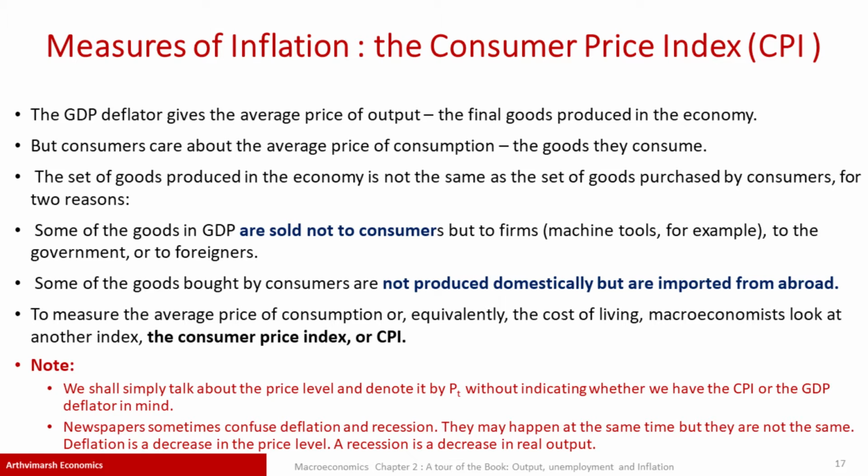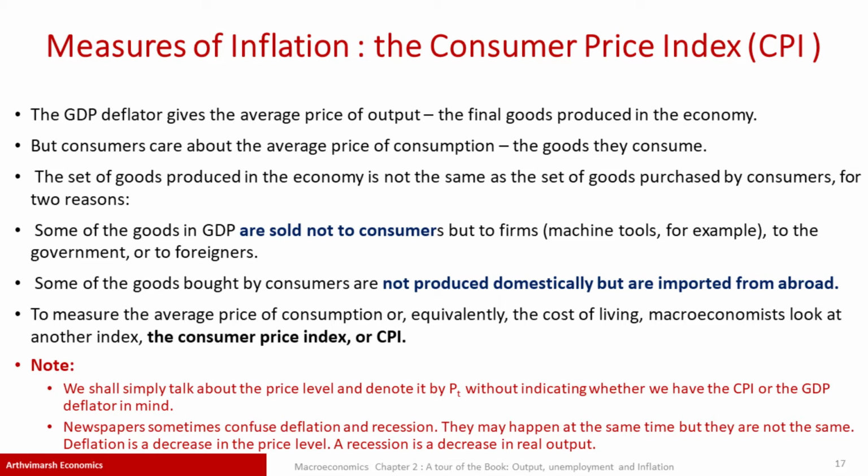Now, to measure the average price of consumption, or equivalently the cost of living, macroeconomists look at another index, that is the CPI, Consumer Price Index. It should be noted that in the subsequent chapters, we shall be simply talking about the price level and denoting it by P, without indicating whether we have the CPI or the GDP deflator in mind.